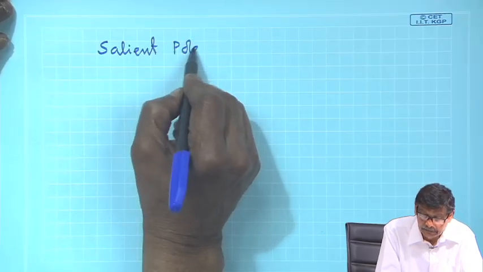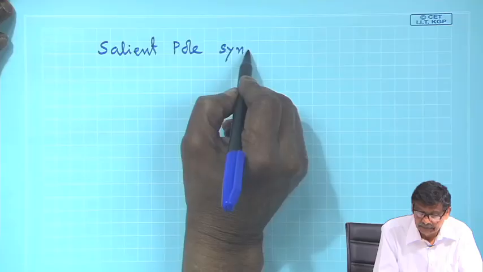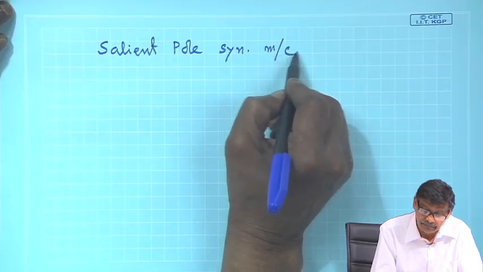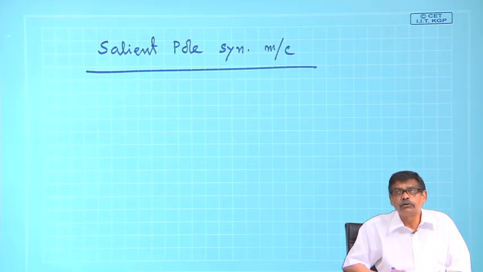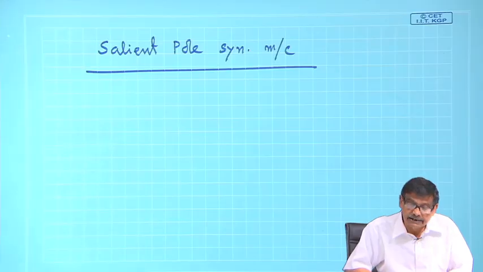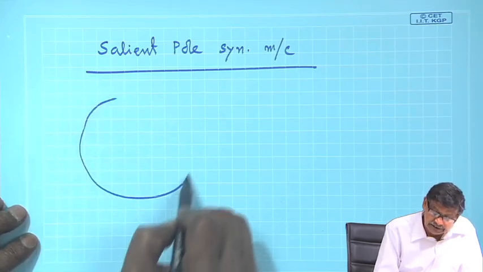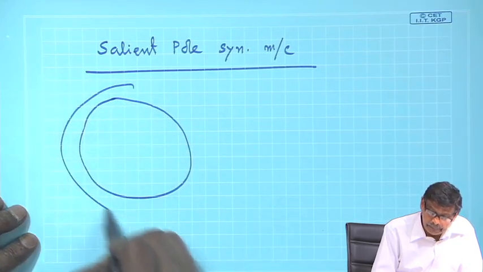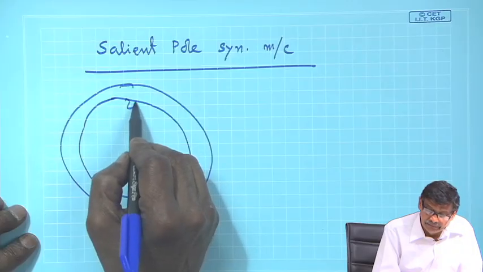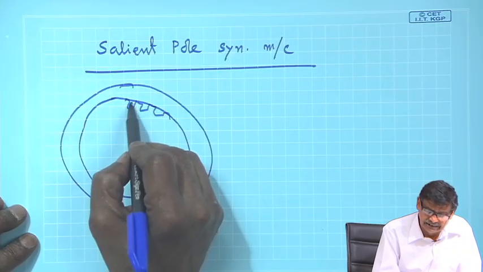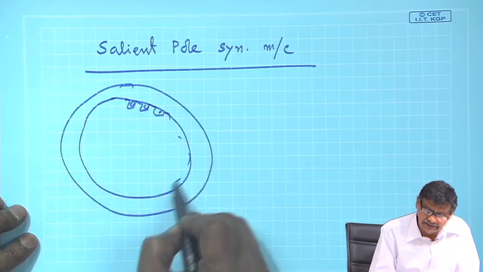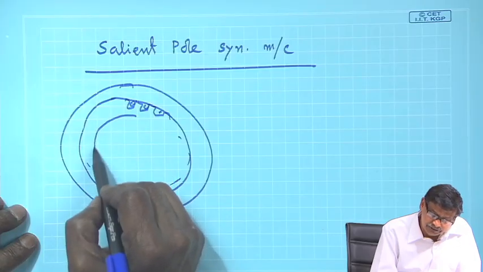Salient pole synchronous machine. So far, we have talked about the uniform air gap or cylindrical rotor type synchronous machine. What was that? There was a stator, stator slots are there, a 3 phase winding on the stator, and the rotor was also cylindrical.